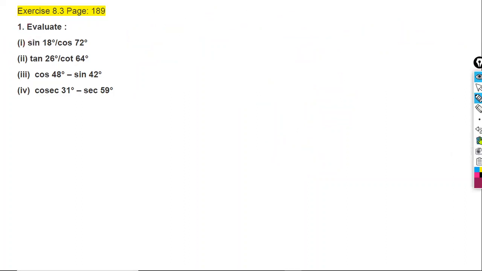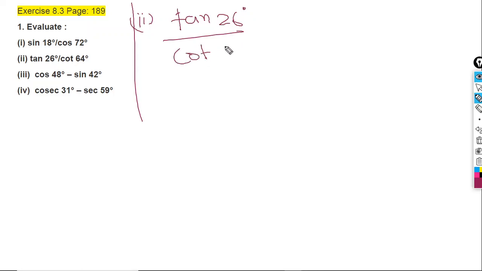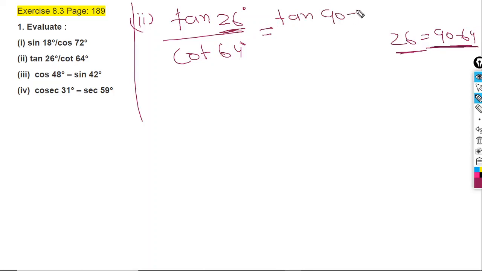Now we will move to part (ii). Let's write the question: tan 26 degree divided by cot 64 degree. It is also the same. Now you know 26 is equal to 90 minus 64, isn't it? So instead of 26 we will write 90 minus 64: tan (90 minus 64) divided by cot 64 degree.